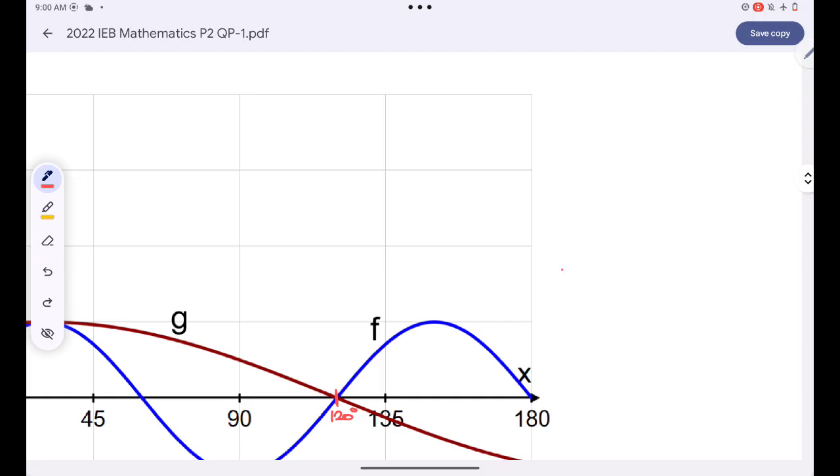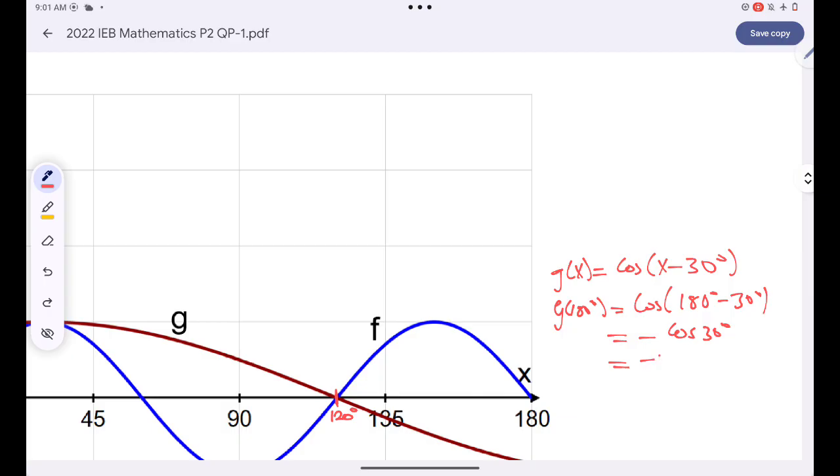I know that the graph of g of x is equal to cos of x minus 30 degrees. I do know the x value is 180. I just want to find out the corresponding y value when x is 180. This will give me a negative cos 30, which is just negative root 3 over 2.